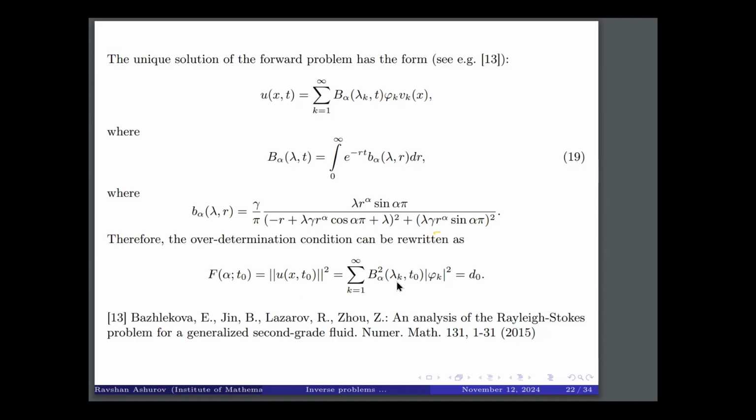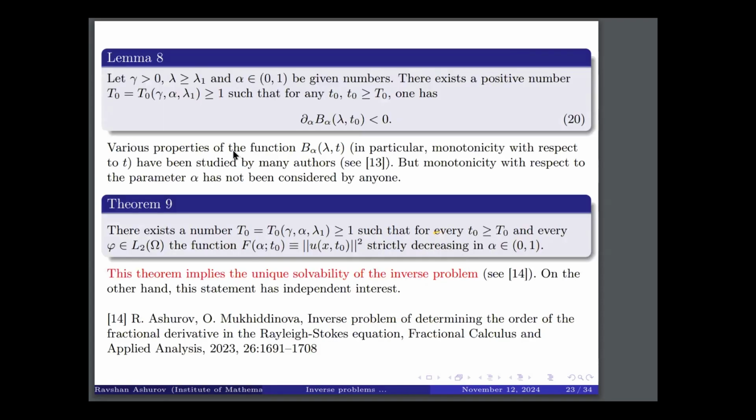Before, we had the Mittag-Leffler function, and now instead of the Mittag-Leffler function, we have the following function. And the method is the same. Now we should show that the derivative of this function, you see how it depends with respect to alpha. Everywhere here there is alpha, but still we can prove that if T0 is large enough, then the derivative is negative. And this, in fact, solves this inverse problem.